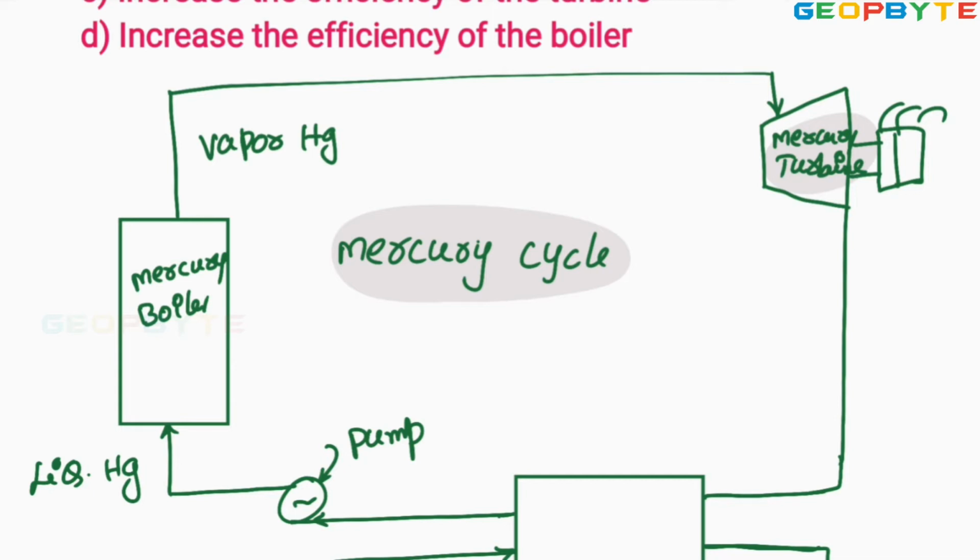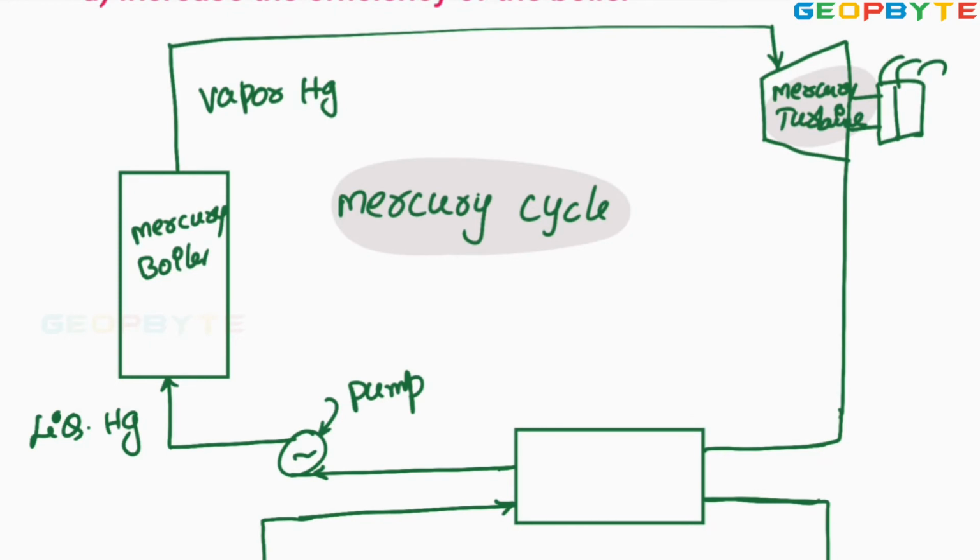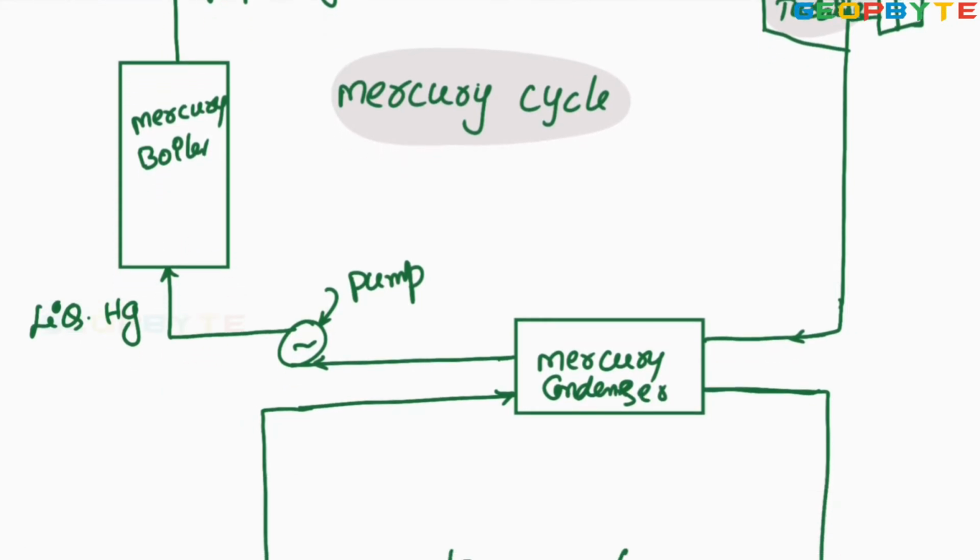After expansion over the mercury turbine, the mercury vapor is left to the mercury condenser. This is the mercury condenser, where the mercury is rejecting the heat. By the time the mercury vapor is passing through the mercury condenser, it is rejecting the heat to the water which is passing on the other side.